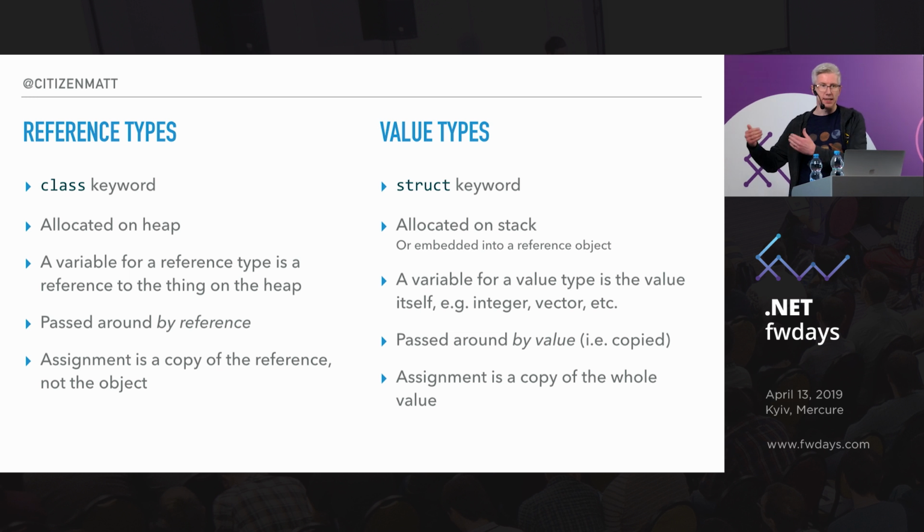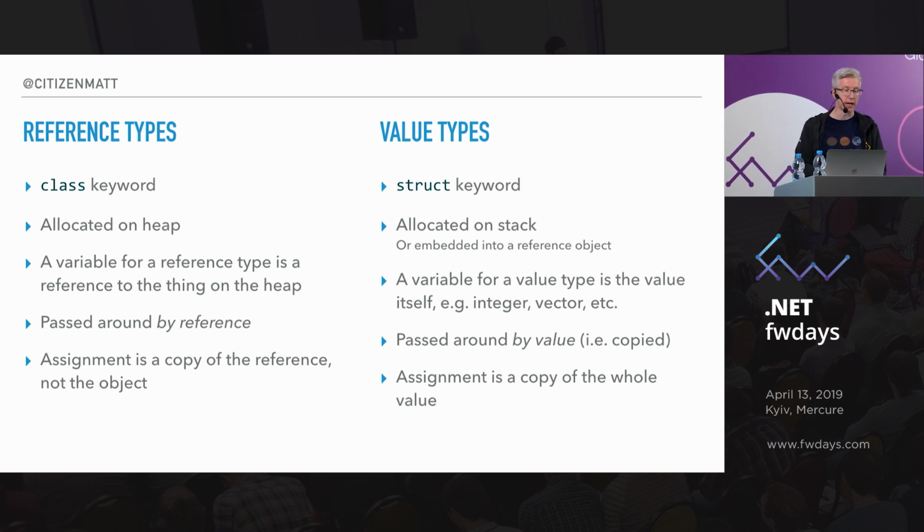They can also be embedded inside a reference object, but generally they are allocated on the stack. A variable of a reference type is a reference to the thing on the heap, saying it's over there, that's where the object is. Whereas a variable of a value type is the thing itself. It's an integer, it's a vector, whatever it is, it's the actual data.